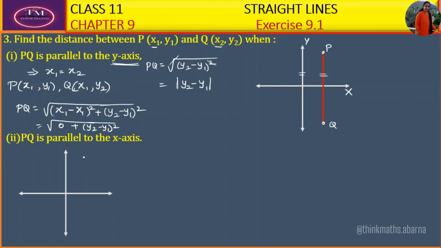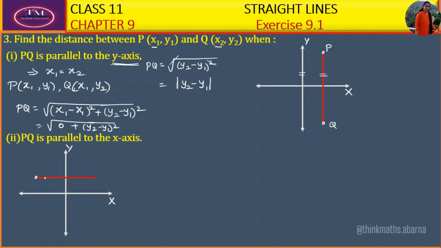The same way, the second part: PQ is parallel to the x-axis. So this is the x-axis and this is the y-axis. If PQ is parallel to the x-axis, the line will be in this way, or you can have the line here anyway.